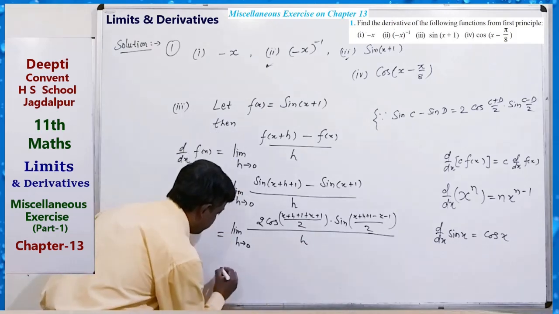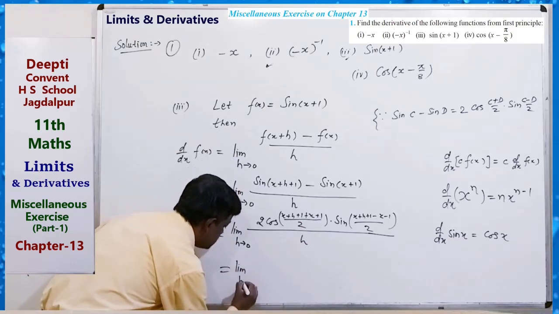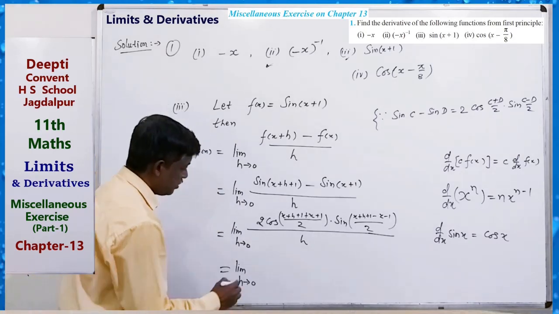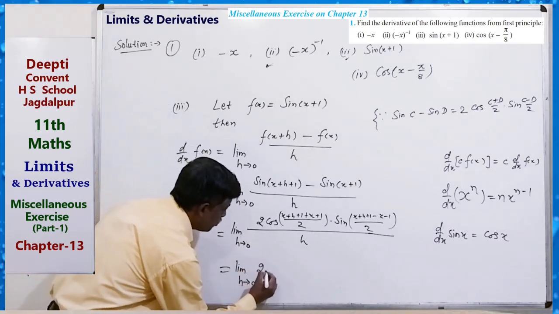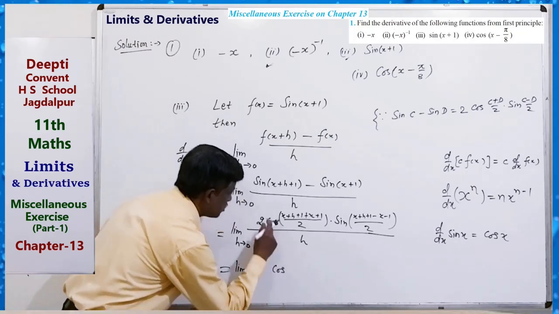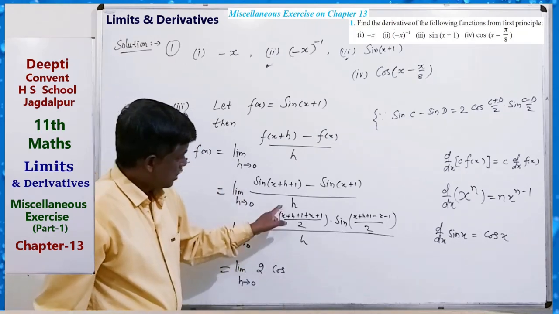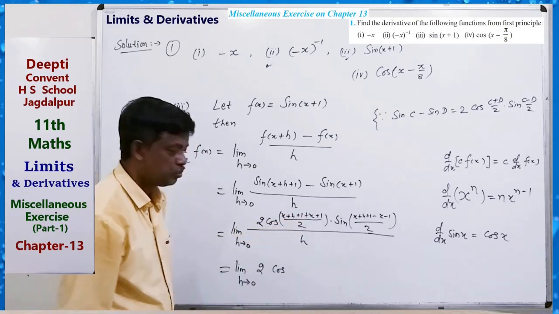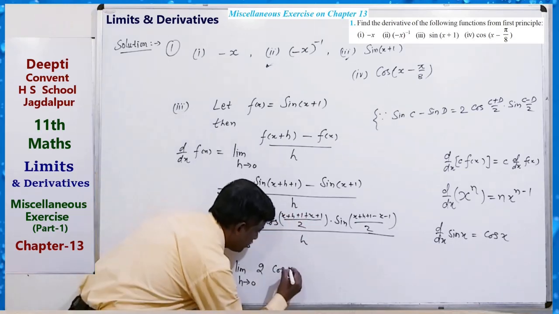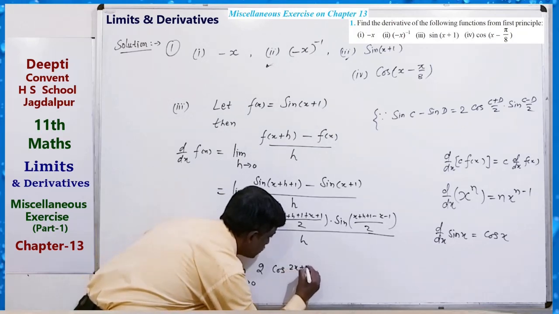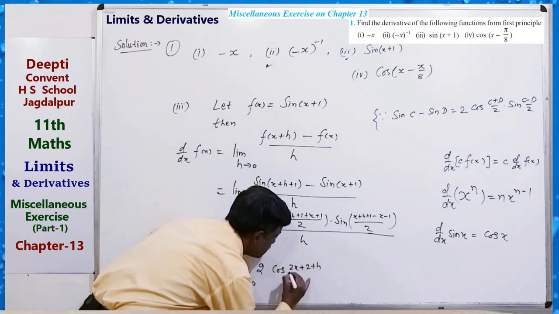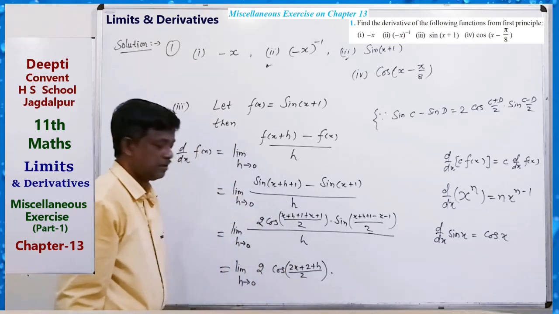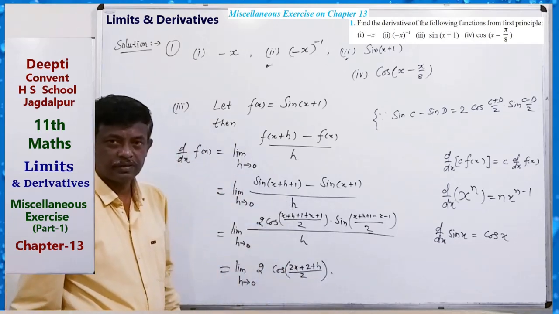Now limit h tending to 0. We see that here 2 cos((2x + 2 + h)/2) of this.